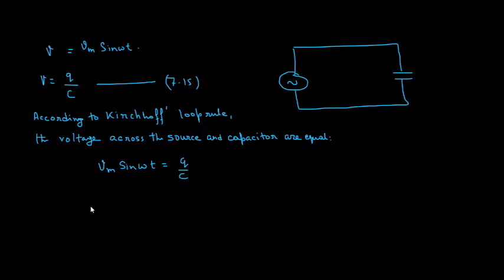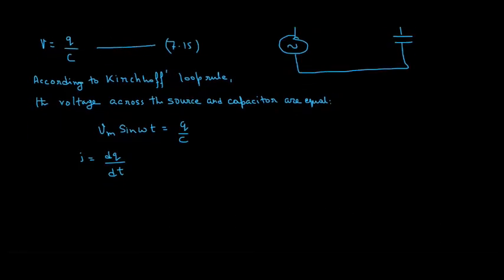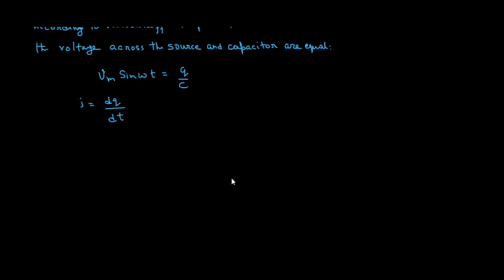To find the current, we use the relation I = dq/dt. Why? Because the rate of flow of charge is known as electric current.